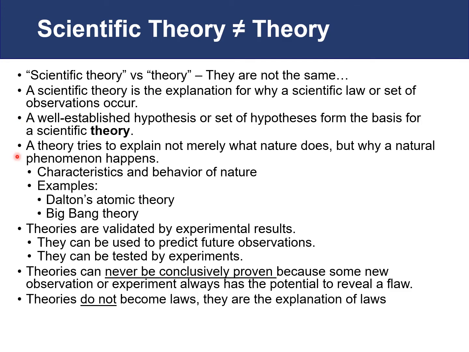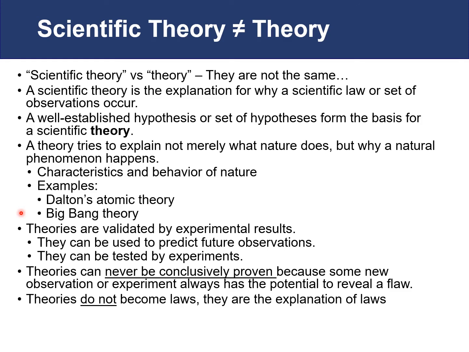A scientific theory tries to explain not merely what nature does, but why a natural phenomenon happens. The theory itself explains both the characteristics and the behavior of nature. Some examples of scientific theories are Dalton's atomic theory and the Big Bang theory. These both contain explanations for a very large set of data.